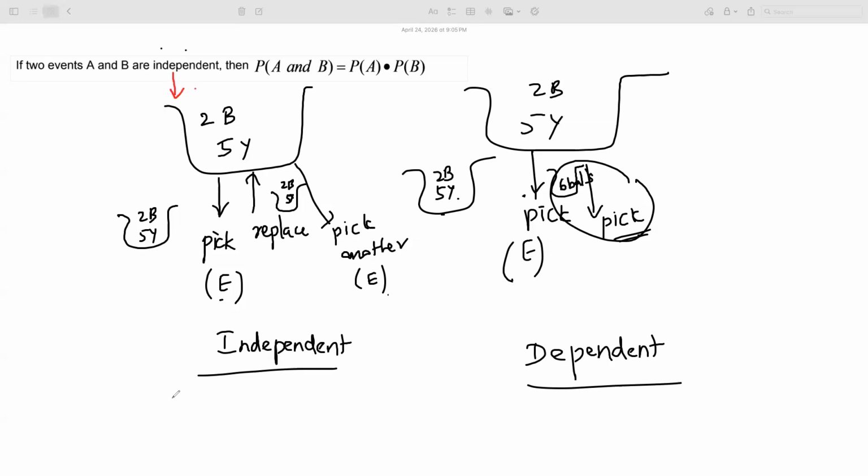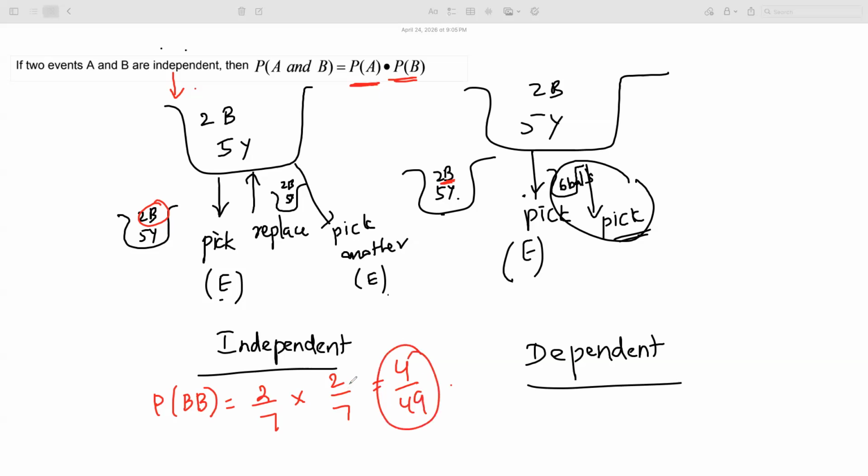We are going to solve a problem here. Probability of picking a blue ball and a blue ball. What is the probability? Probability of picking a blue ball is 2 by 7, times probability of picking a blue ball here, which is 2 by 7. You see, this is 4 by 49. Do you get it, guys?